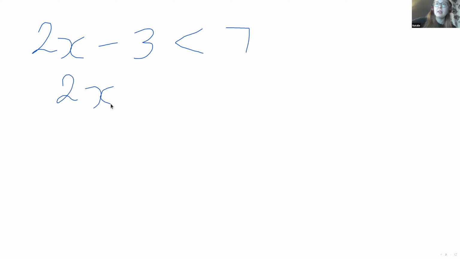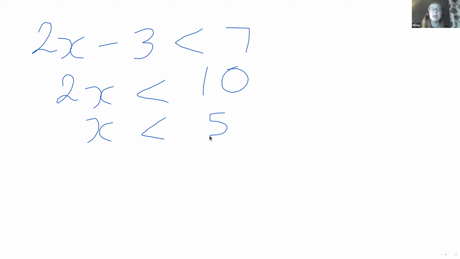So 2x is going to be less than 10, and so x is going to be less than 5. That's it. We treat it exactly the same as an equal sign.